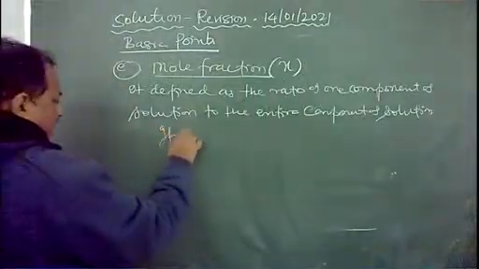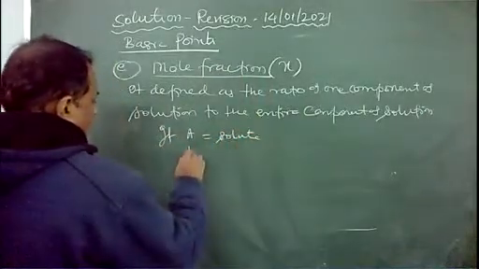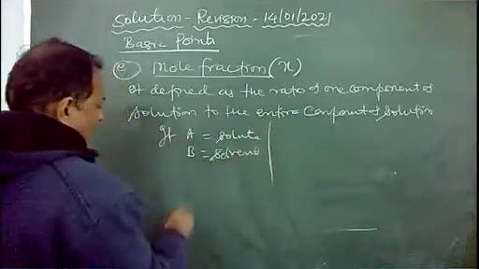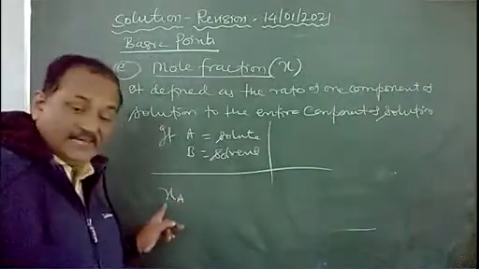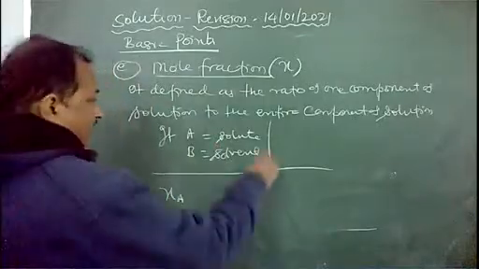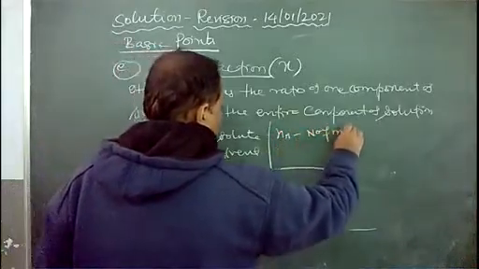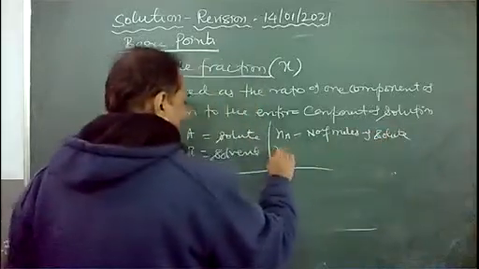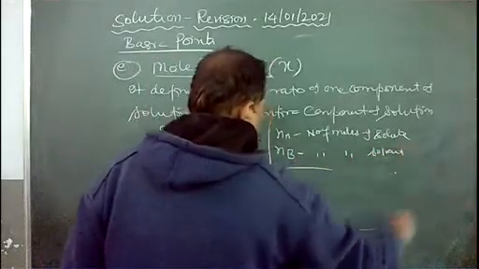If A is the solute and B is the solvent, then XA is the mole fraction due to the solute. Here NA is the number of moles of solute and NB is the number of moles of solvent.